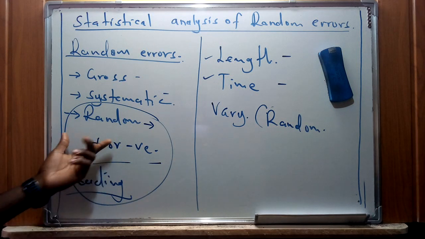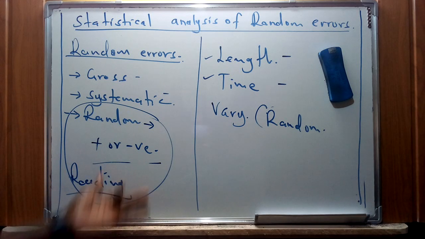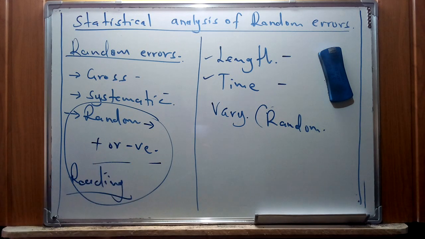Now for such a kind of data, we're going to take an average or a mean value in order to find a value that is almost approaching the true value.